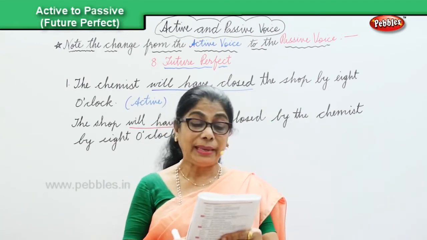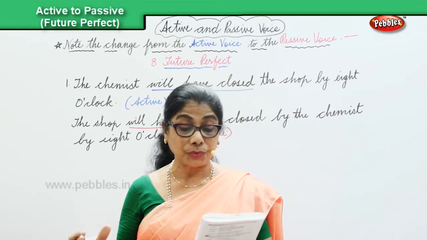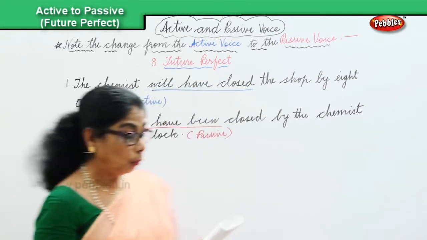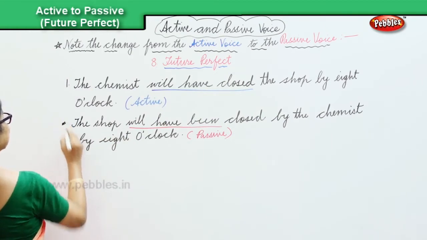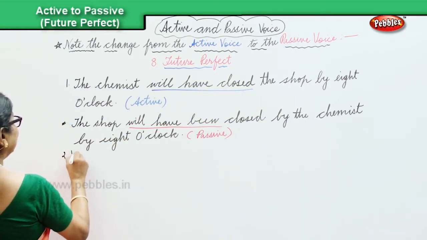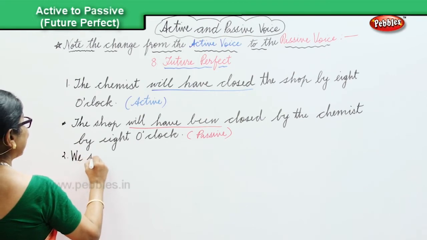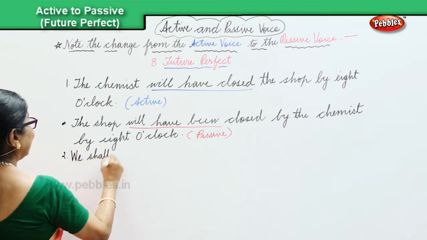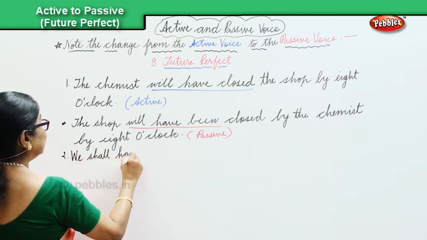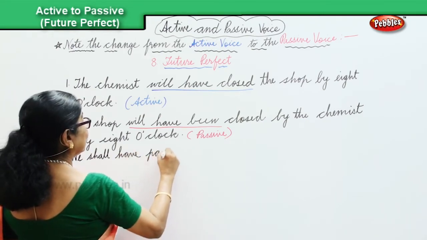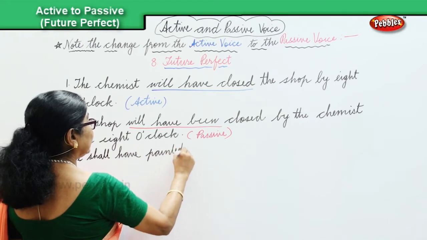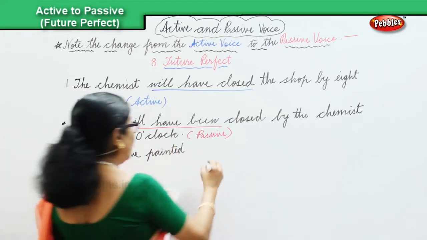Now let's look at another sentence in the future perfect. We shall have painted the whole house by 12 o'clock.